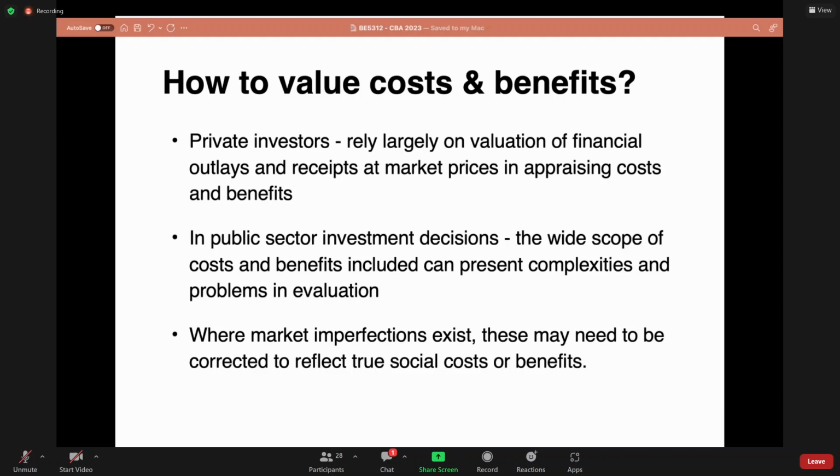And if there are market imperfections, where there are subsidies, taxes, or where external costs are not considered, where the actual market prices are not reflecting the actual value of a good or service, we will have to make certain adjustments to those financial prices to reflect the true social costs and benefits.